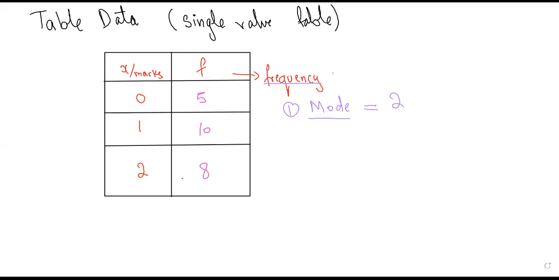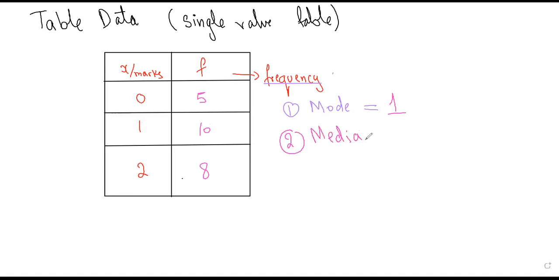I'm waiting for your answers. It's 10. I mean 1. The answer is 1. Yeah, very good. It's 1. Okay. This is what students do at times. They just see this value and they write this down as mod. No, this is not the mod. You'll check the frequency just so you can determine the mod. It is the most frequent or most repeated value. So it would be 1 in this case. Let's continue with these. Okay. Next thing is your median.